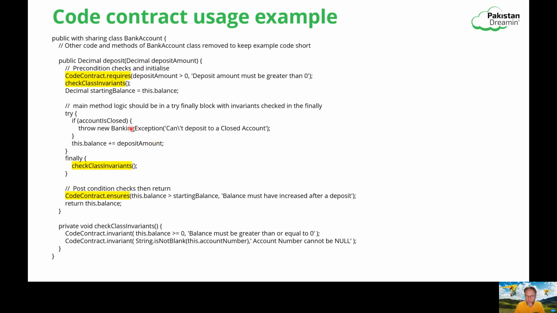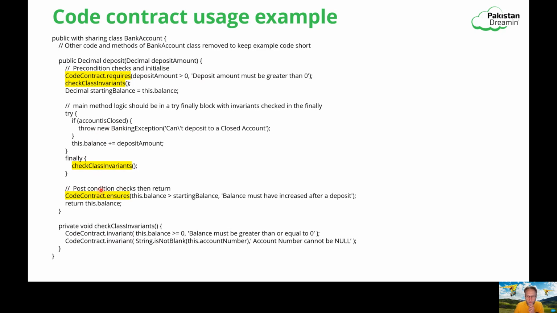And the calling code, well, it can do what it likes with that, but that's a defined piece of functionality that in that case it will throw that exception, so your calling code should know what to do with that. Then if that's fine, we update the balance, which is the only thing we do here. Again, whether successful or not, whether we throw an exception or not, we're going to check these class invariants.